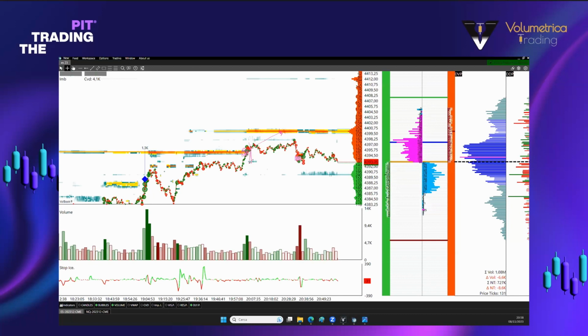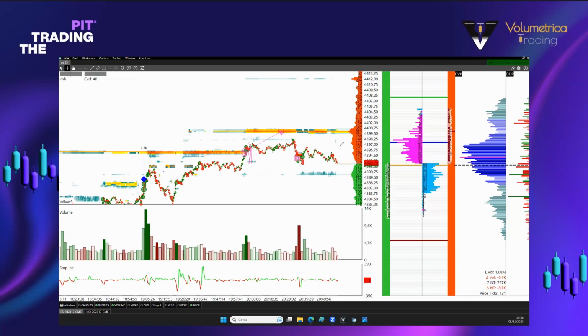Then the way sometimes these liquidity pools form and evolve over time will give us some interesting patterns. Because the first pattern we can talk about is that we have two different kinds of liquidity: a liquidity which will be more likely to attract price, and a liquidity which will be more likely to reject price in the first place.